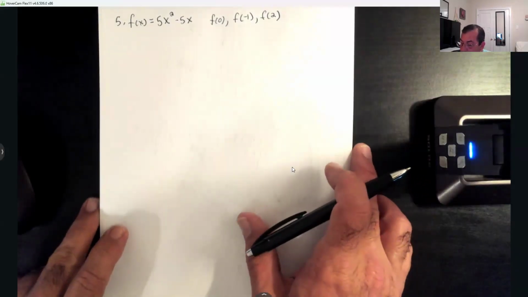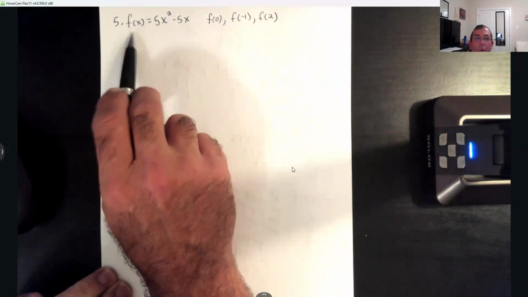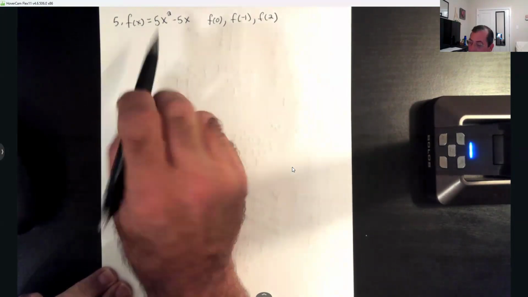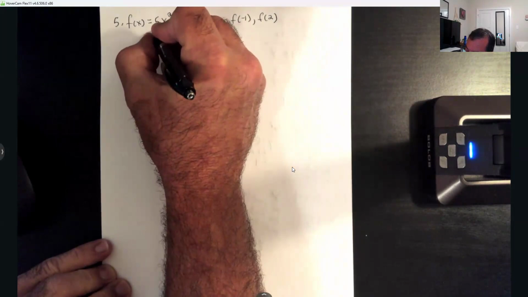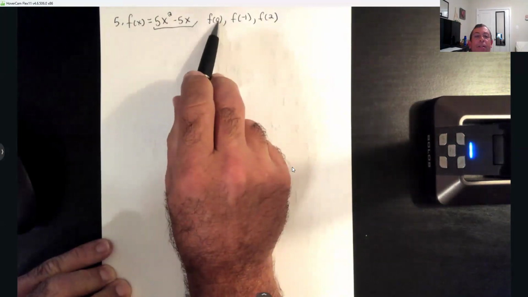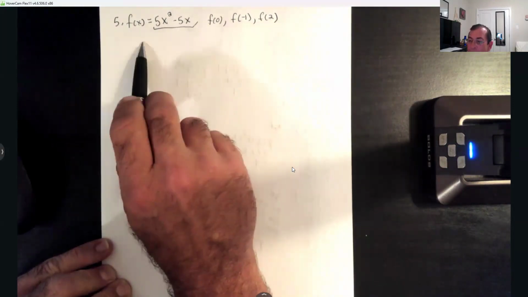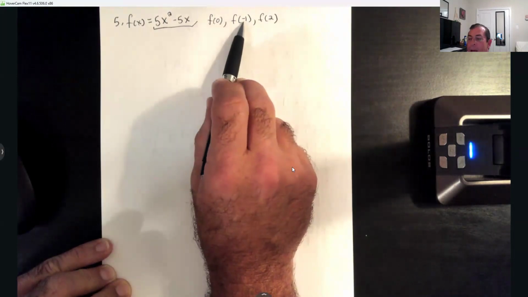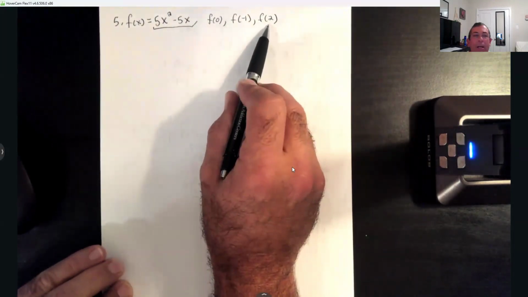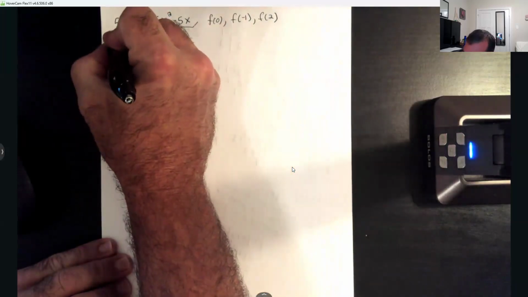Remember, they're just introducing us to function notation at this point. The function gives us the expression 5x squared minus 5x. This notation tells me for the first problem, I'm going to put a 0 in for the x's and see what I get. The second time, I'll put in a -1, and then a 2. So start with f of 0.